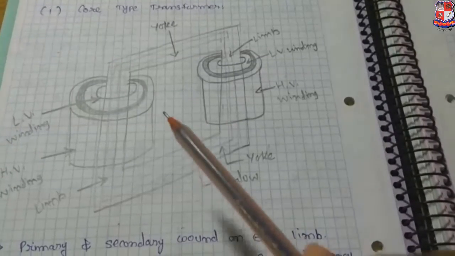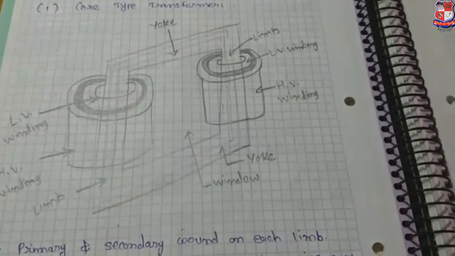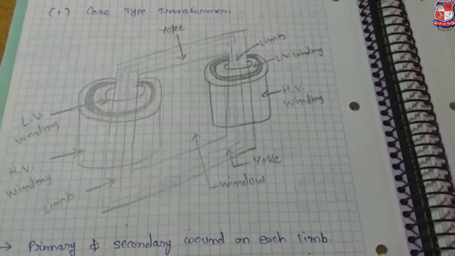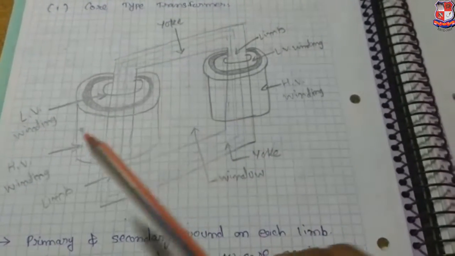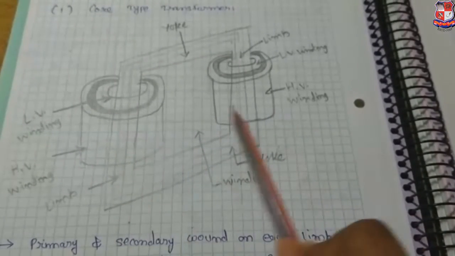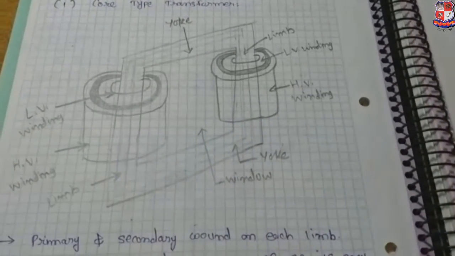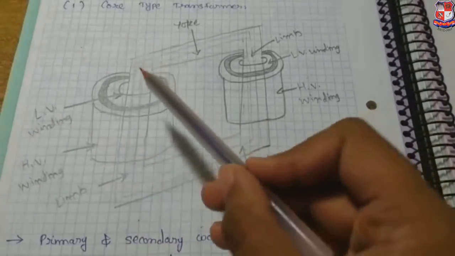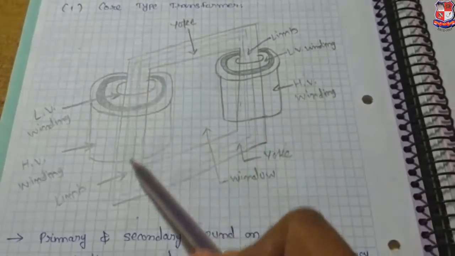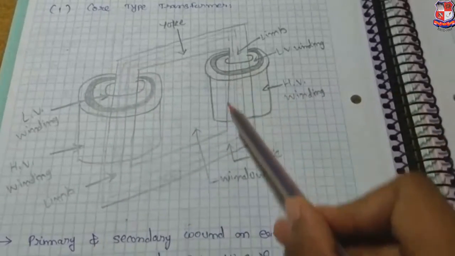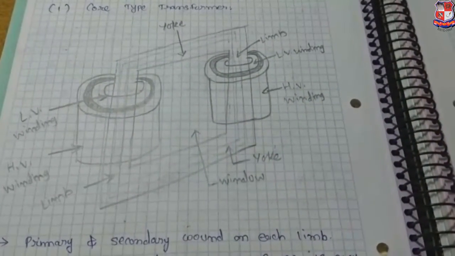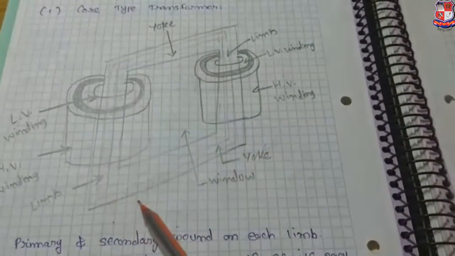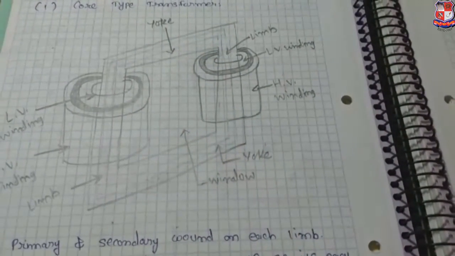Here it is the construction of core type transformer, in which you can see that the windings are wound on two vertical parts. Now these vertical parts on which windings are wound are called as limb, and the horizontal parts are called as yoke.